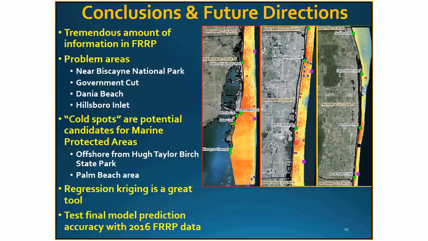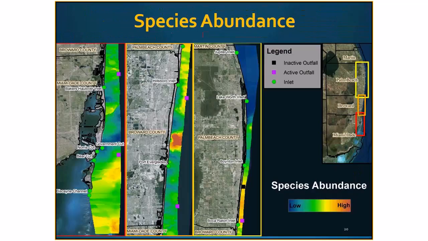So I'm excited, and a little nervous, to see the 2016 data, but I intend to use this to test the predictions between already known points to see if this model holds up based on a new data set. With that, are there any questions?